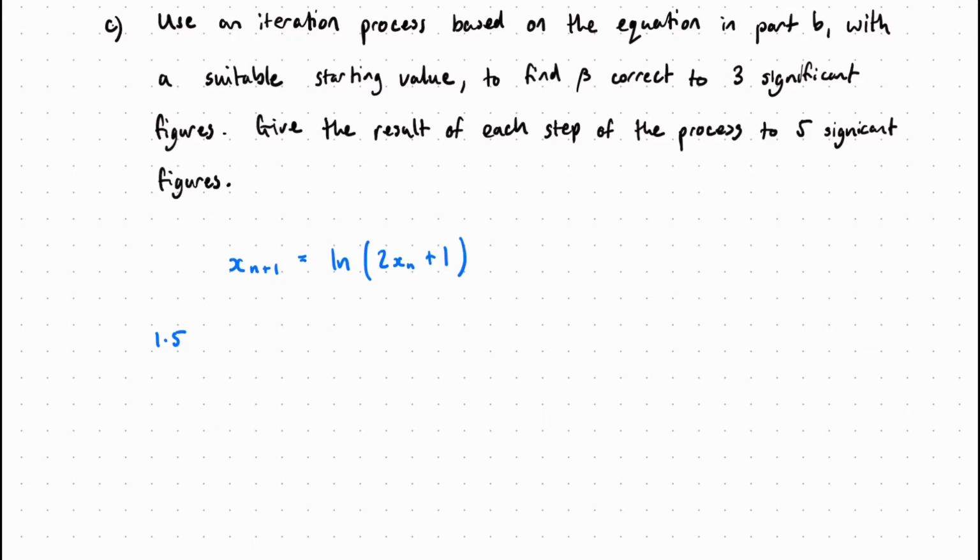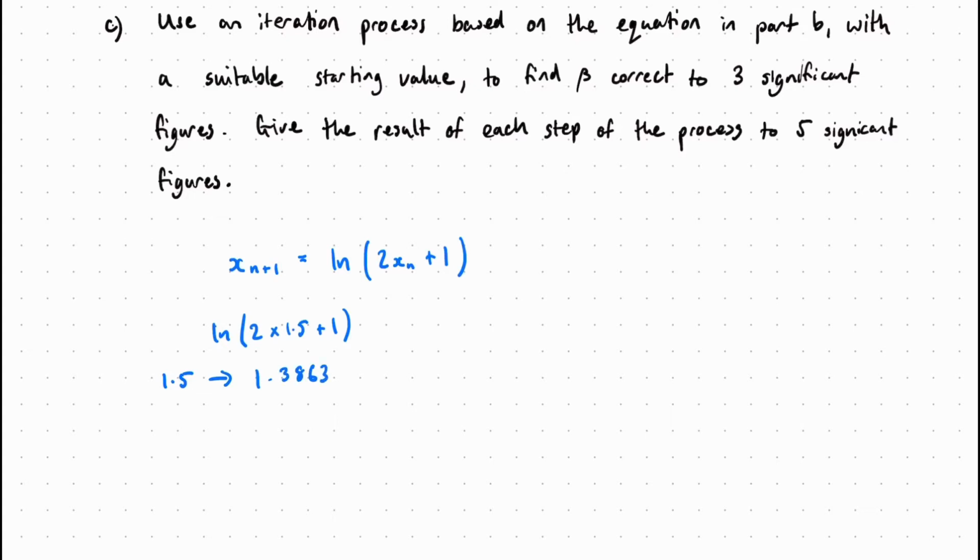On a calculator, I will type in ln bracket 2 lots of 1.5 plus 1. In fact, I'll just write that down. That is what I am doing. So I'm doing ln of 2 times 1.5 plus 1 on my calculator, pressing equals, and it's giving me the solution 1.3863.